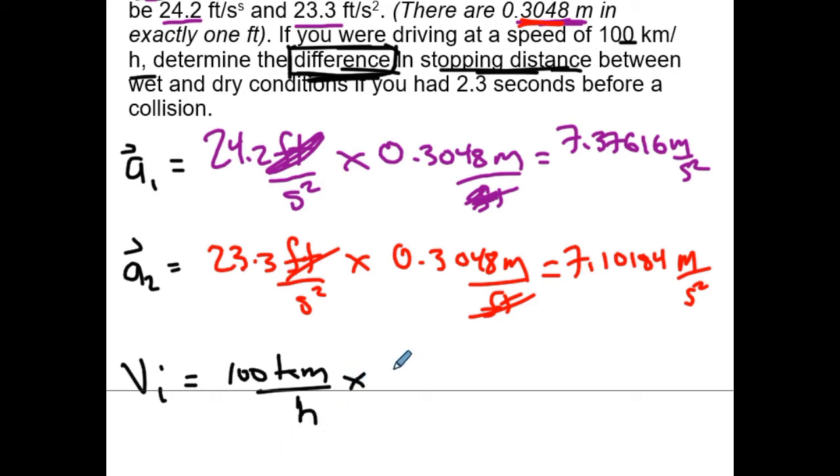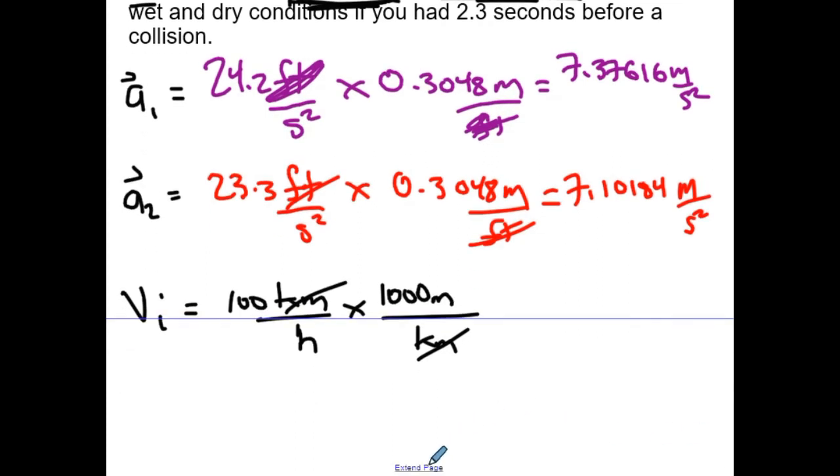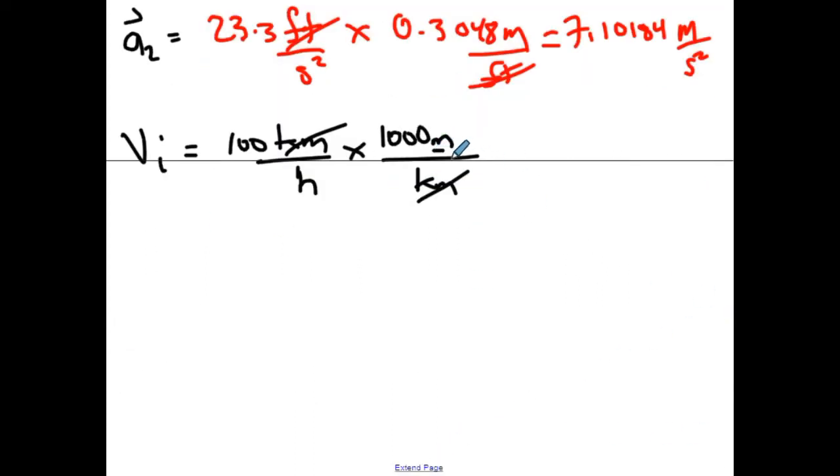For example, there are 1,000 meters in a kilometer. And if you do that, you can cancel your kilometers. But that's not enough, because we need to have meters per second. And right now I have meters and hours. So it helps if you know, for example, that in 1 hour, there are 60 minutes.